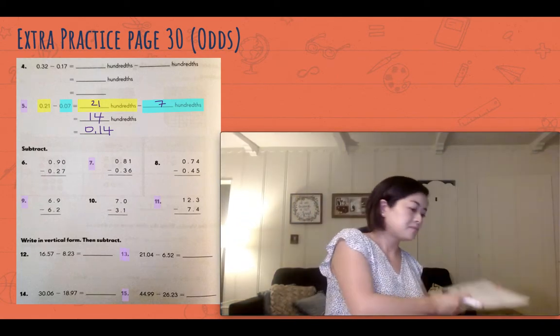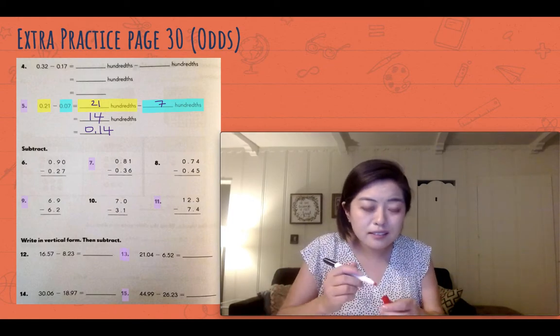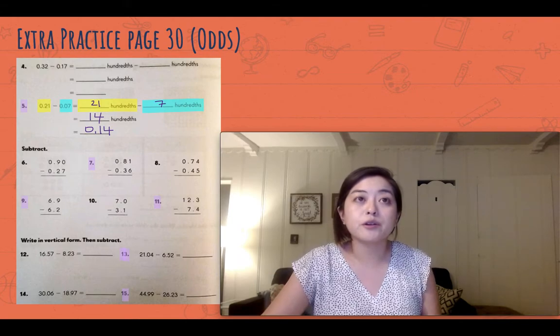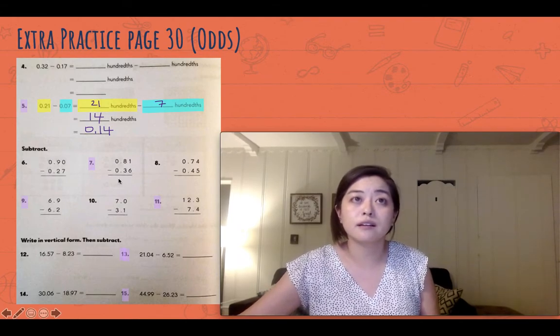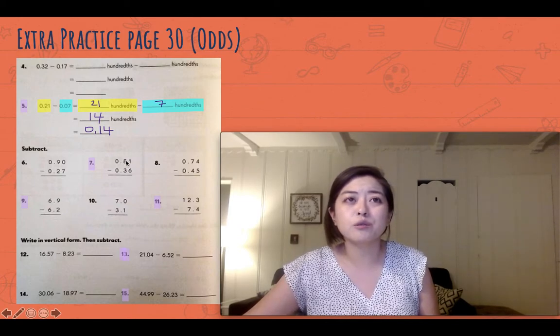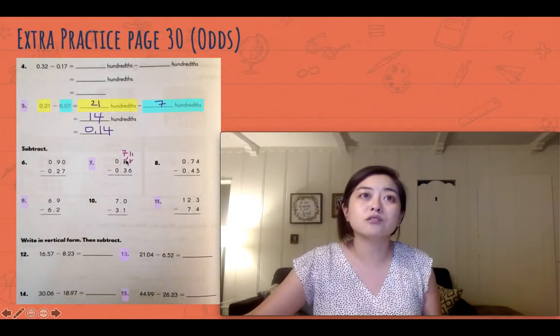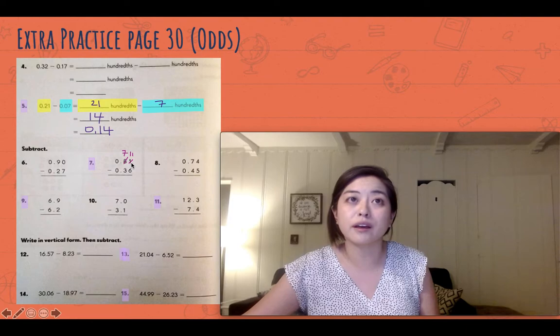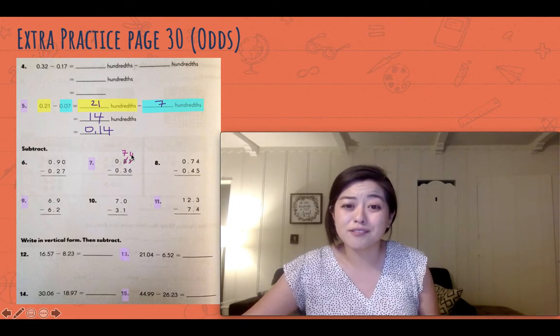All right. Let's look at number 7, okay? So we're going to start with the lowest place value column, which is the hundredths right here. Can I do 0 minus 6 hundredths? No, so I have to regroup here from the tenths. So my 8 tenths become 7 tenths, and then I can make my 0 hundredths into 10 hundredths.